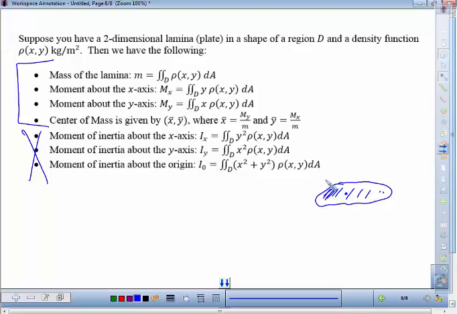And so if you're trying to balance this, just for fun, the place you would balance it would be your center of mass. Okay.